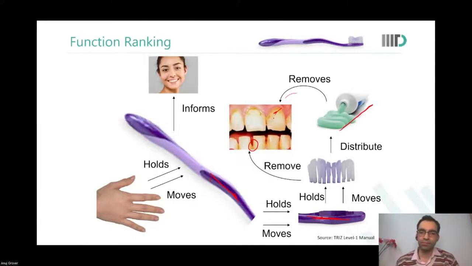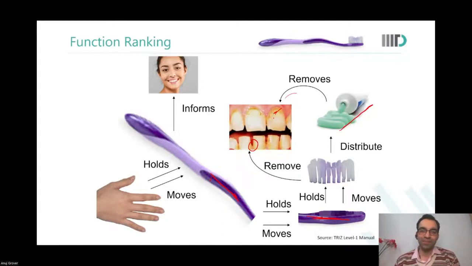The informs can be an additional function. Okay, so what is the target for you? The teeth. Okay, the target is not teeth. The target is plaque. Removal of plaque. Yes. It does not do anything to the teeth. So the target is plaque and other food or whatever.